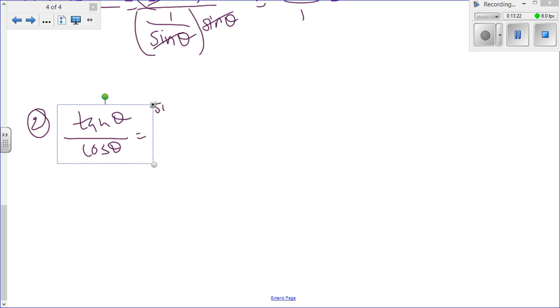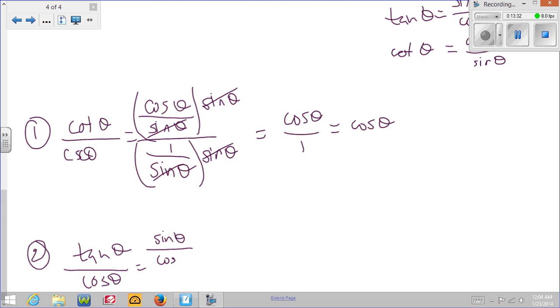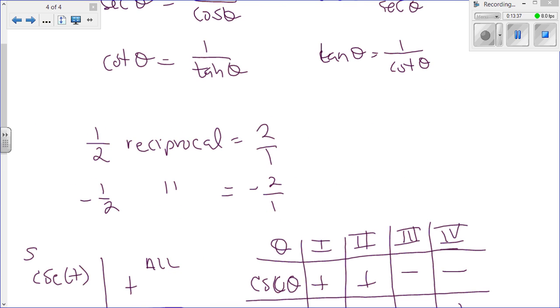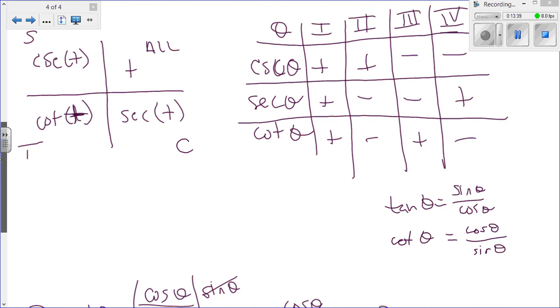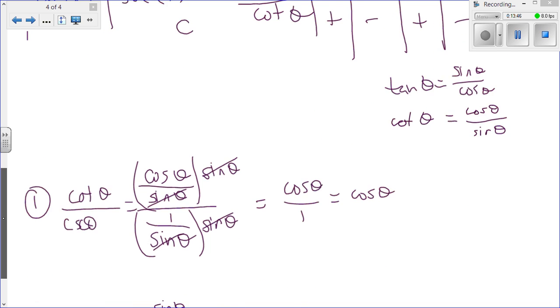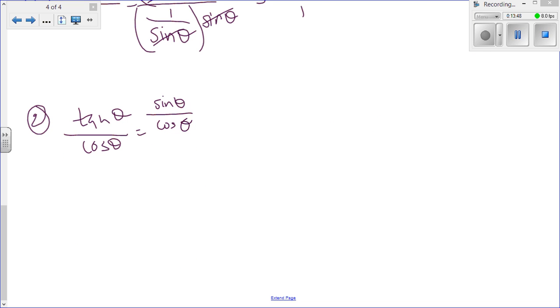Tangent is sine theta over cosine theta. And cosine is just cosine theta.